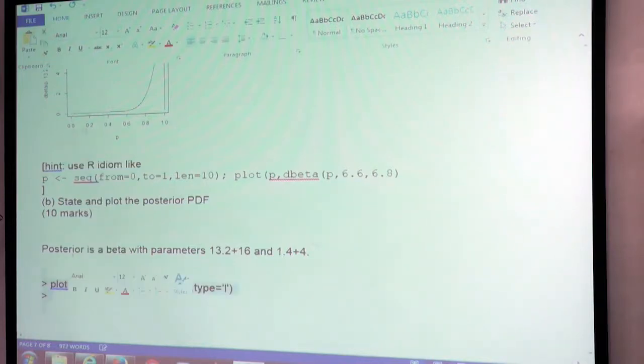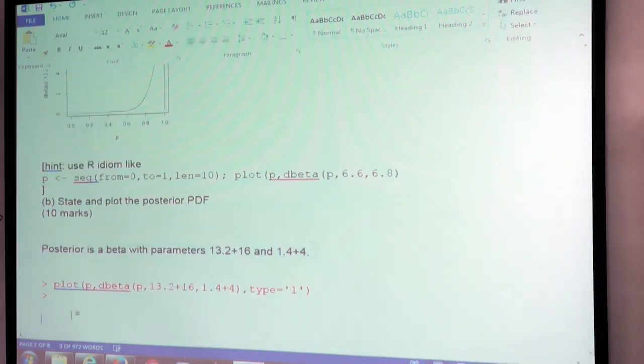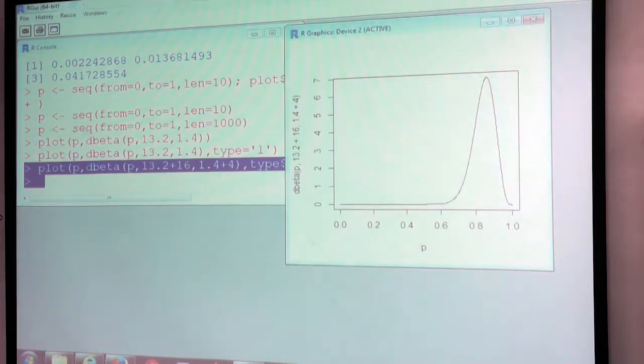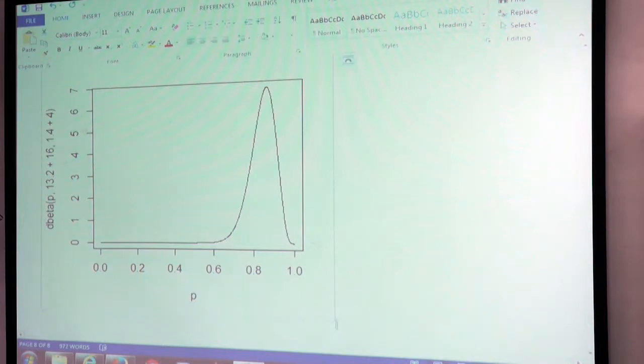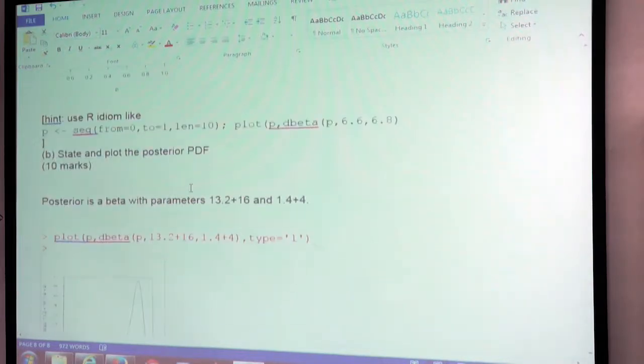Paste. Courier New. Paste and make it a bit smaller so it's visible. Okay.